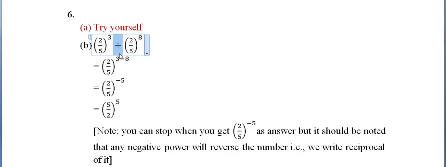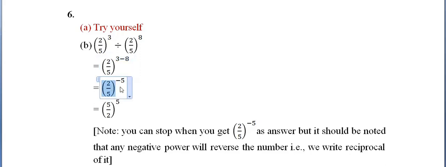And when there is a sign of division, what you have to do, you have to subtract the powers. So it will be 3 minus 8. Base will remain same. We are using this law number 2. It will be 3 minus 8, and you will get the power as minus 5.